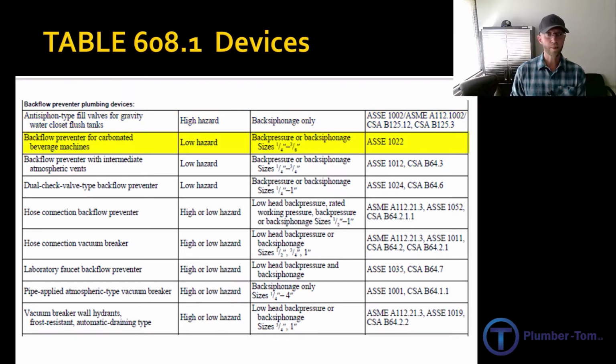Backflow preventer for carbonated beverage machines. Backflow preventers with intermediate atmospheric vents. Dual check type backflow preventers. Hose connection backflow preventers. Hose connection vacuum breakers. Laboratory faucet backflow preventers. Pipe applied atmospheric vacuum breakers. And vacuum breaker wall hydrants frost resistant automatic draining type.